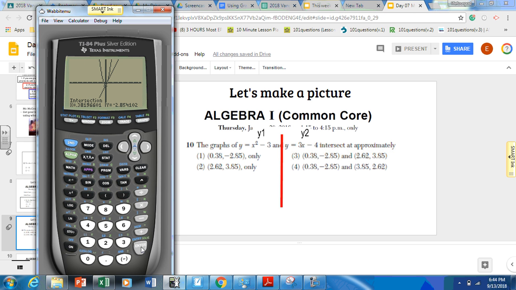So according to this, I have one line of intersection that's happening at 0.38. All right. So that would mean that question 2, okay, line of, so x is 0.38, y is negative 285.